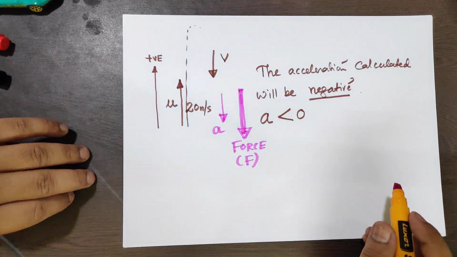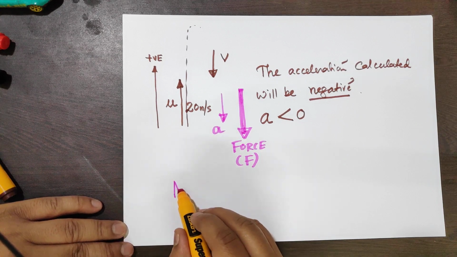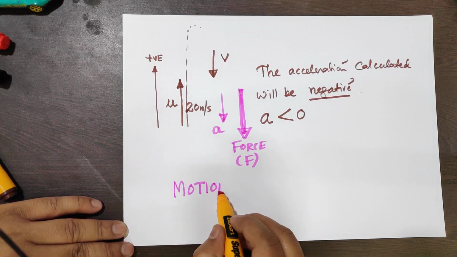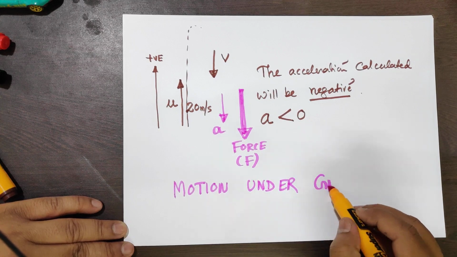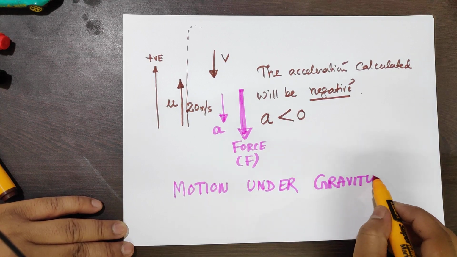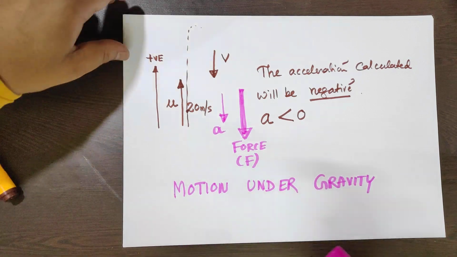And obviously this is the case of motion under gravity. So in motion under gravity, the acceleration will have a constant value.